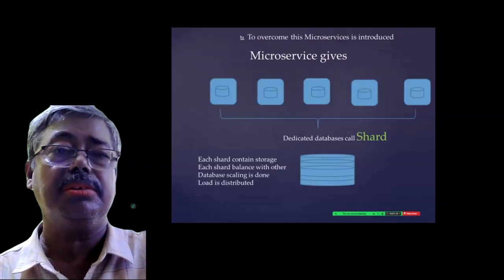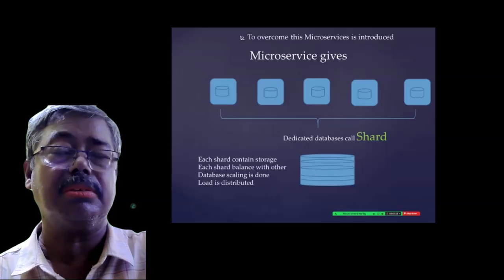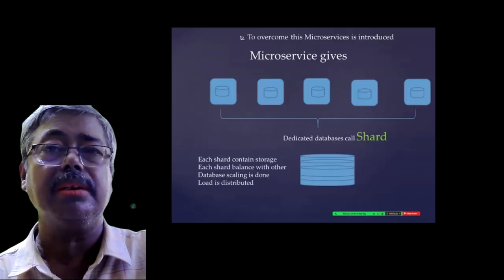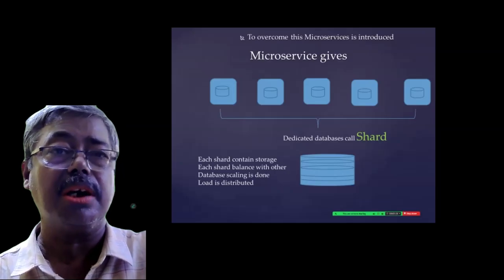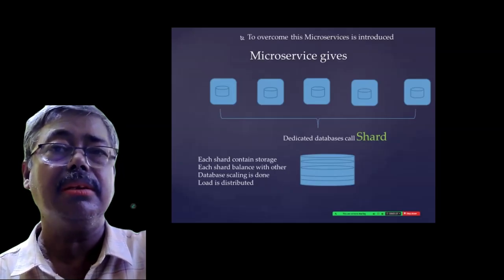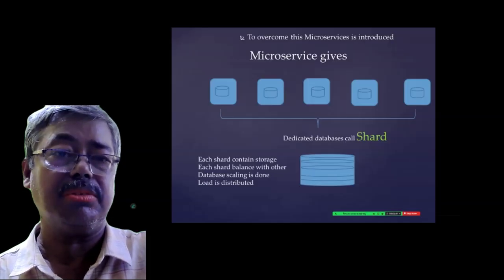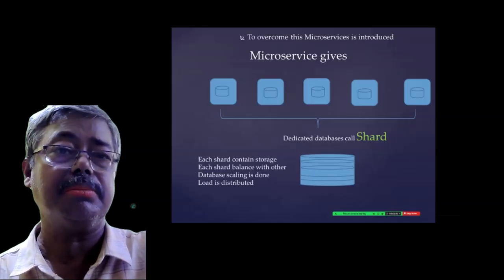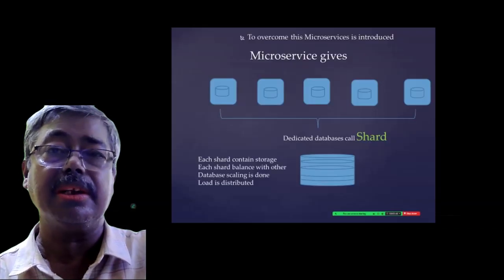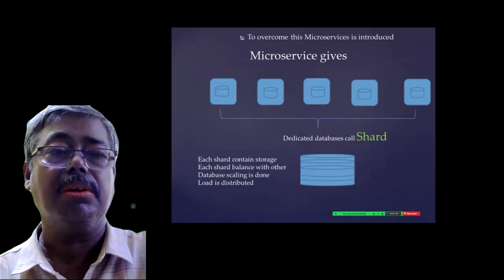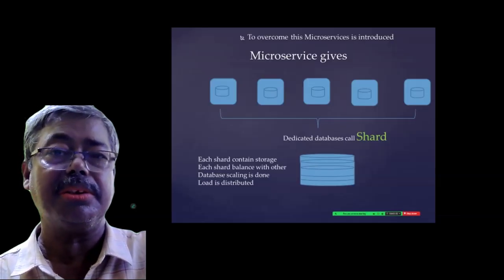And each database, a subset of the table, is working independently. Each shard also works independently, and this is microservice. Each shard contains storage. Each shard balances the other. Database scaling is done. Load is distributed.